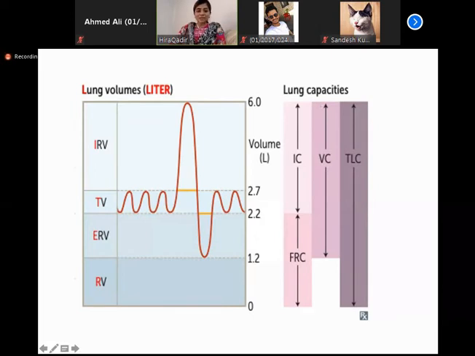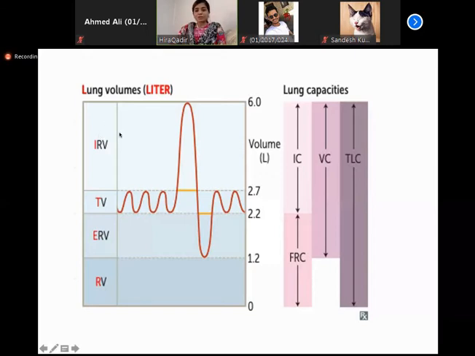Lung capacity is actually the sum of two or more volumes. The first volume is tidal volume. Tidal volume is the air coming in on each inspiration. Inspiratory reserve volume is the air breathed in after normal inspiration. Expiratory reserve volume is the air breathed out after normal expiration. Normal quiet breathing is tidal volume.